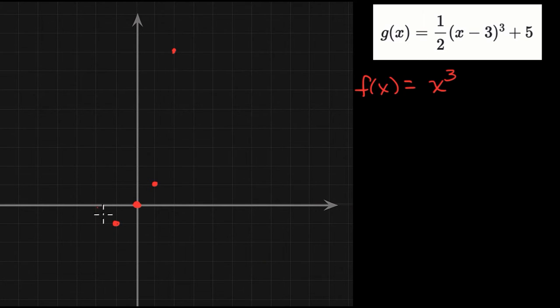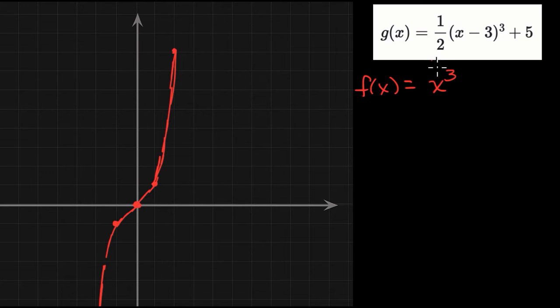Negative 2 would be negative 8. So negative 2, negative 4, negative 6. You can't even see where I'm writing now. I'm off the screen. But the graph is going to look something like this. This is my best hand-drawn version of what it would look like. So you could view this as almost the parent function, and now we just need to transform it.